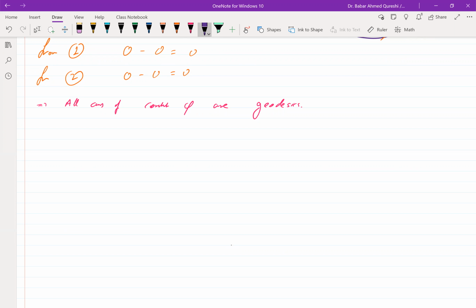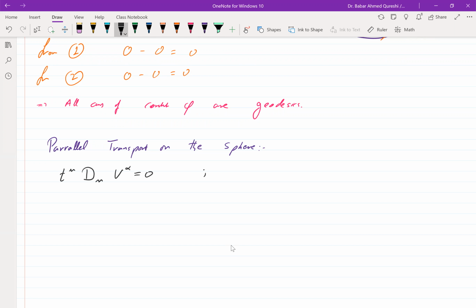Let us now consider the equation of parallel transport on the sphere. So the equation was T mu nabla_mu V alpha equals 0.